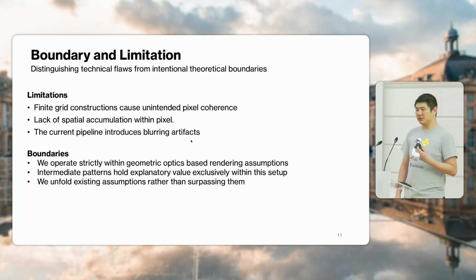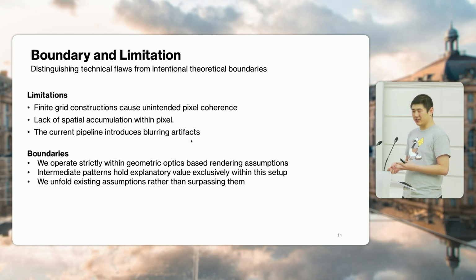And for the theoretical boundary, we intentionally choose to operate strictly within the geometric optics-based rendering assumption. It means we are not trying to model polarization, light-matter interaction, or full scene wave propagation.